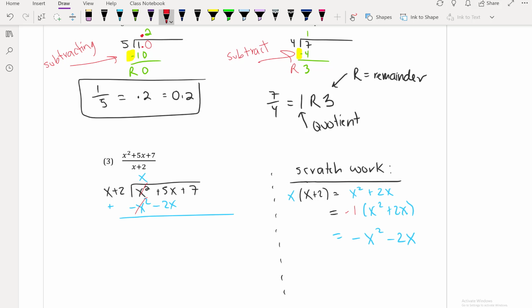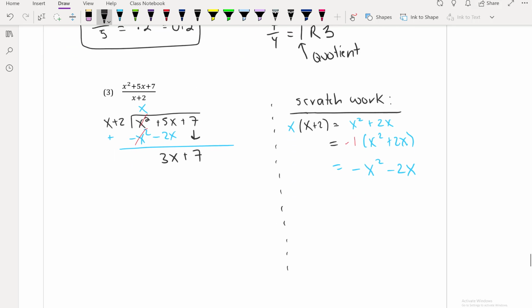If that did not happen, you did something wrong, go back. So now I have 5 minus 2, which is going to give me my positive 3. So now I have a 3x. And I bring down my next number, which is going to be a positive 7. So now I have 3x plus 7 as kind of my new fraction that I'm going to be going over.